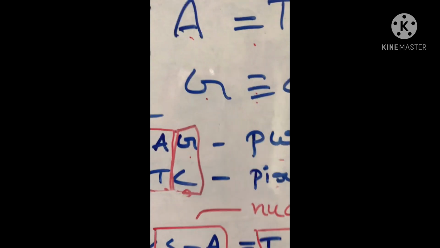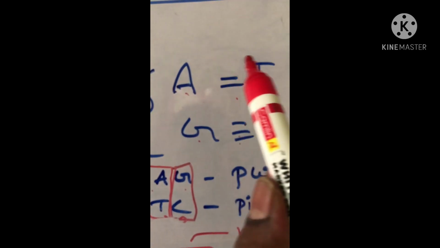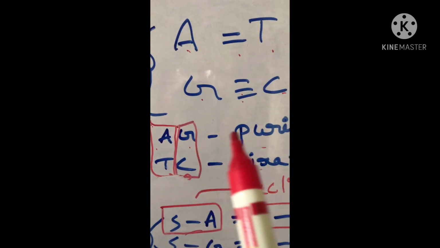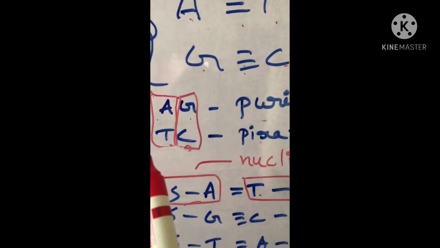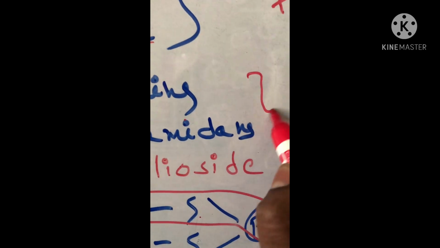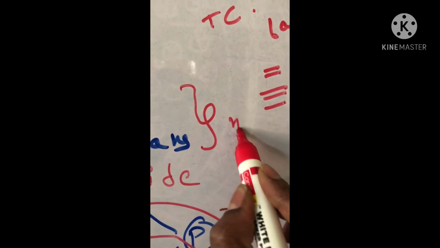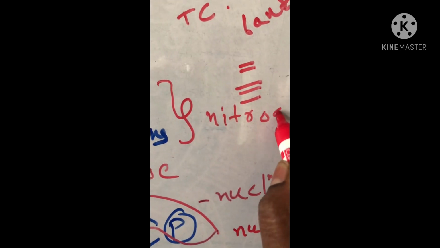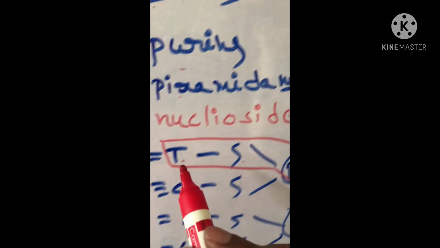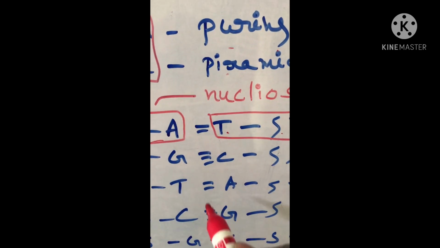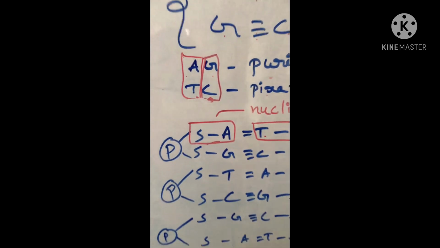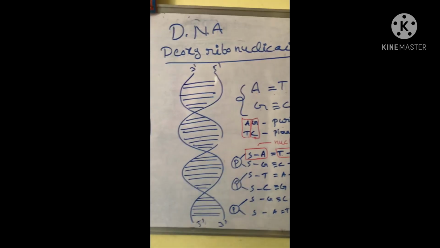Here the nitrogen bases are four: adenine, thymine, guanine, cytosine. Here adenine and guanine are called purines. Thymine and cytosine are called pyrimidines. These both are called nitrogen bases. Then these bonds are hydrogen bonds. Here double bond, here triple bond. This is the structure of DNA.